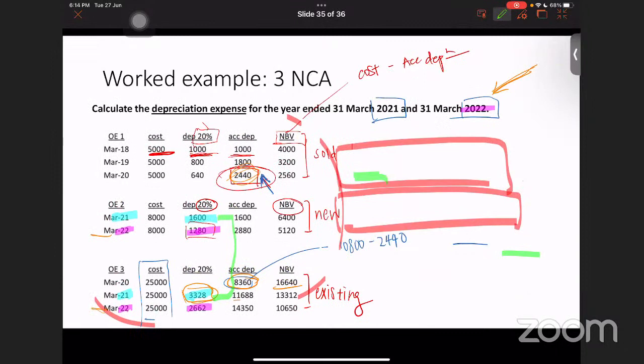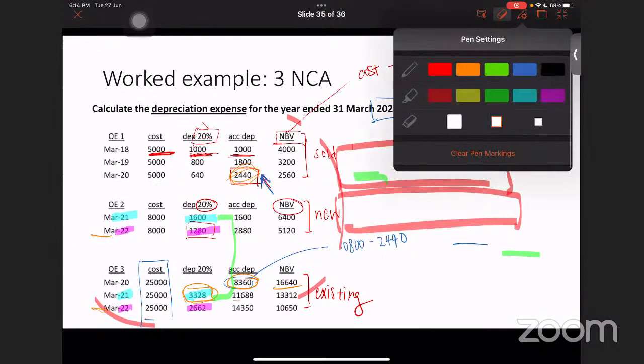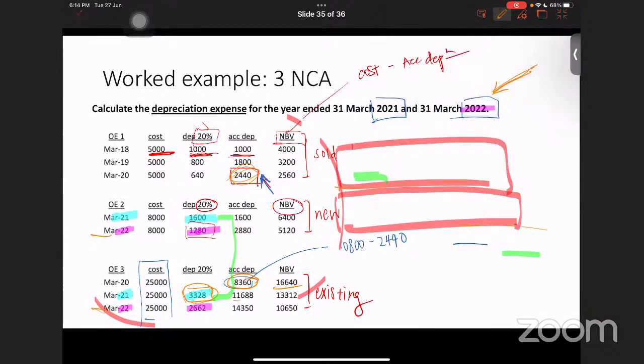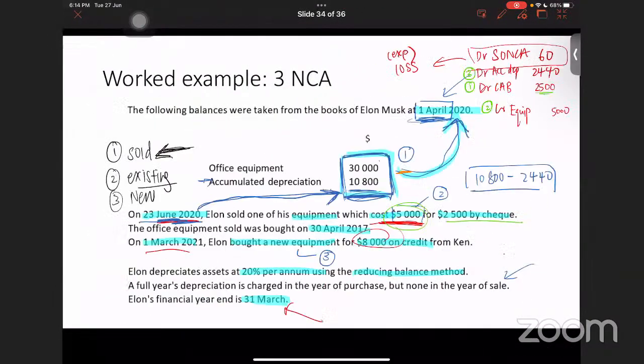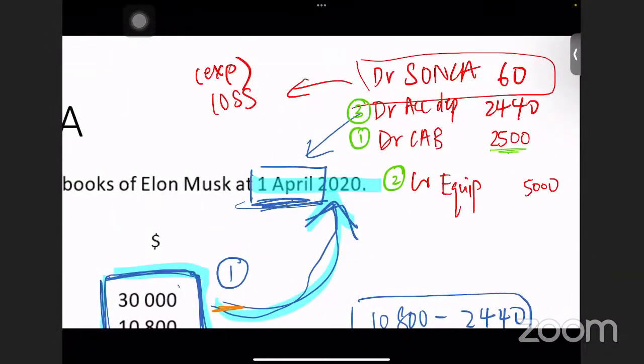From the table, I know that the accumulated depreciation when I sell, I have this 2440, right? Then I will debit it because I want to minus the accumulated depreciation. So overall, I know that I need to balance my debit and credit. So my credit side is more than my DR side. So I will have to debit another 60 to balance this journal.